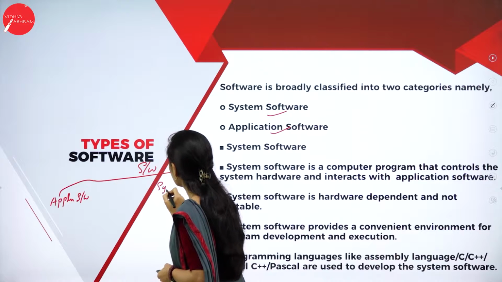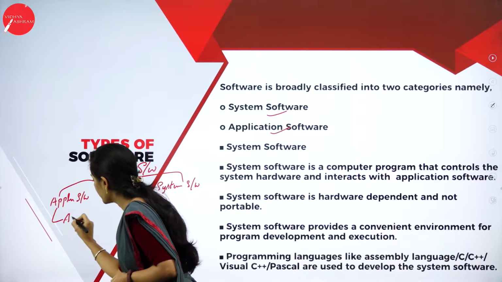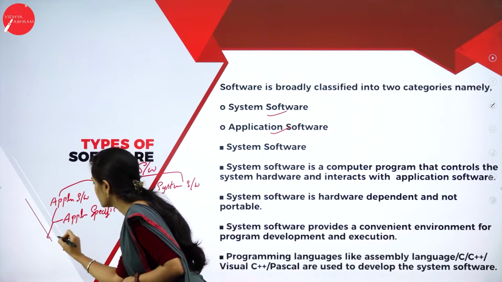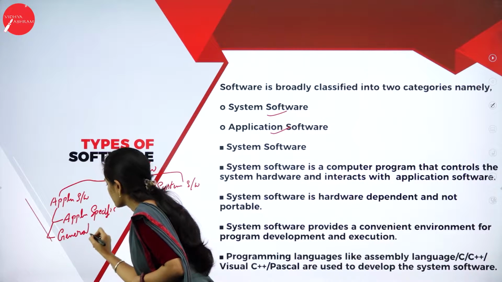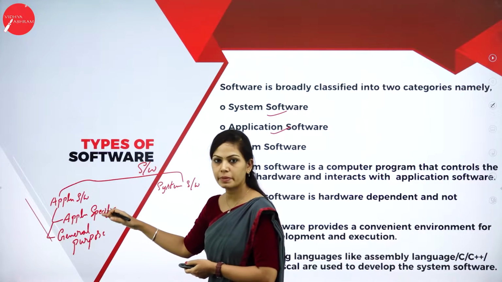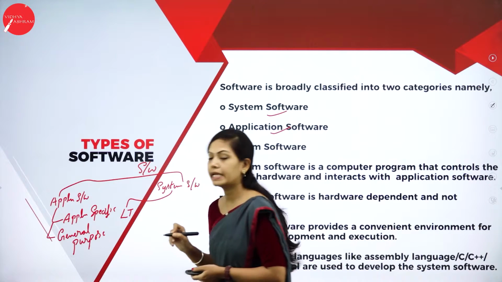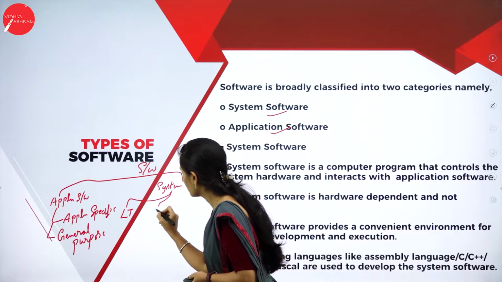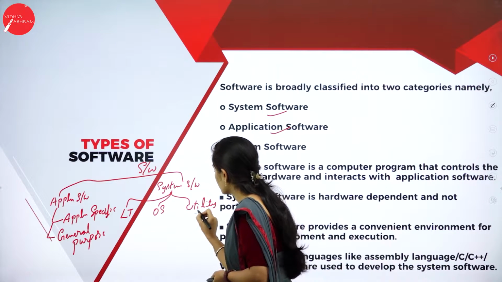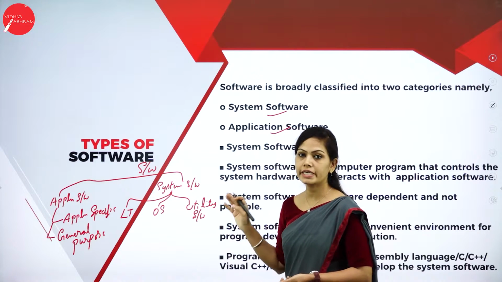Application software consists of application specific and general purpose, and system software consists of language translator, operating system and utility software.